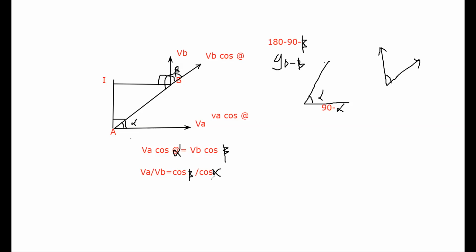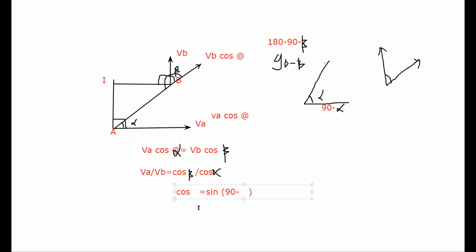So now what I can put here for this formula, VA and VB is equal to, instead of cos beta divided by cos alpha, I can write cos beta as sine of 90 minus beta.